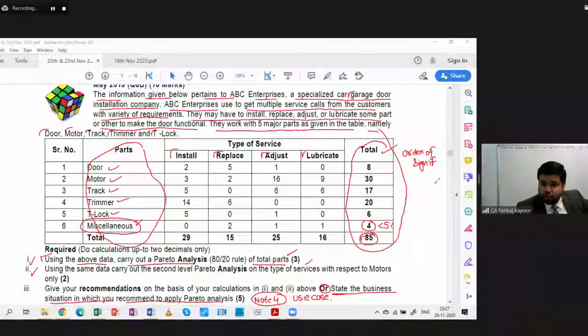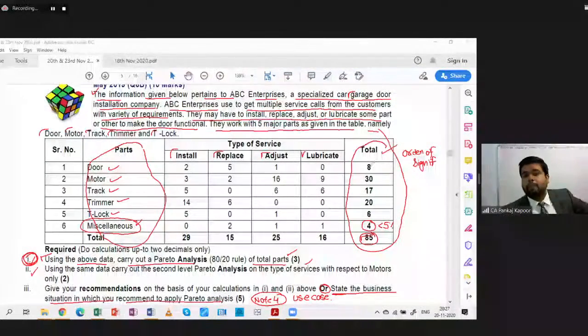Everyone, I hope you read this question along with me, requirement one. We'll quickly take you to the whiteboard in order to solve this particular question. I believe the question is clear to everyone. This is the question of May 2019. Part one asks us to carry out the Pareto analysis from the above data.